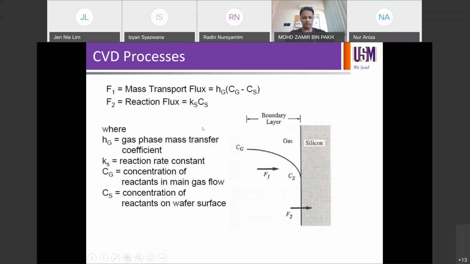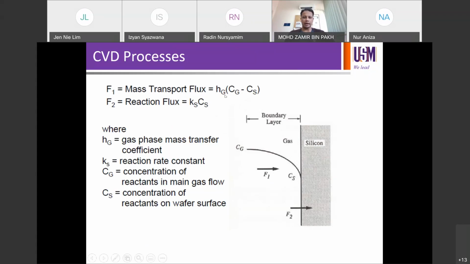So this is the process again in terms of the mass transport flux, more or less like what we learned last time during the Deal-Grove growth model, right? So you have flux number 1 as your mass transport flux. Flux number 2, F2, is the reaction flux, what's actually happening on the surface.